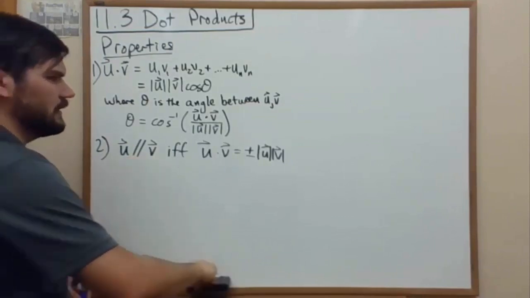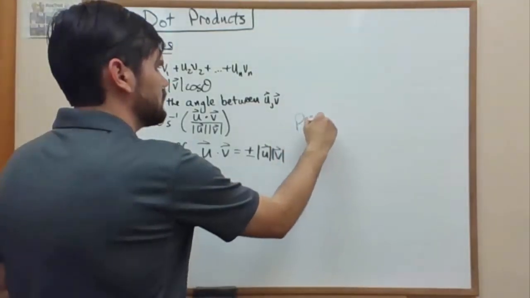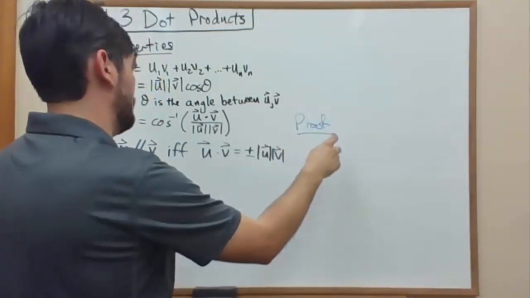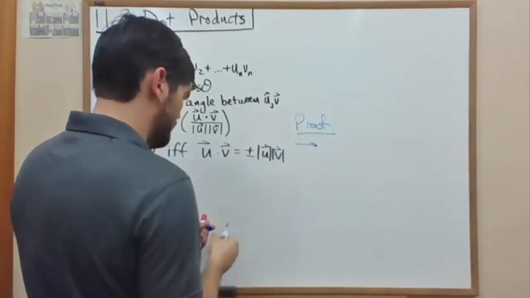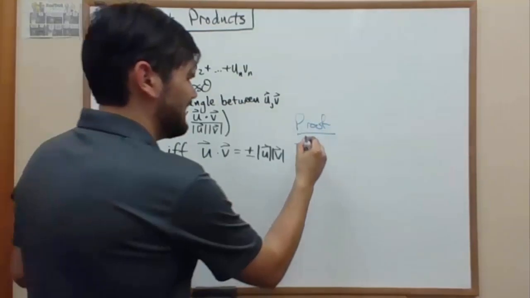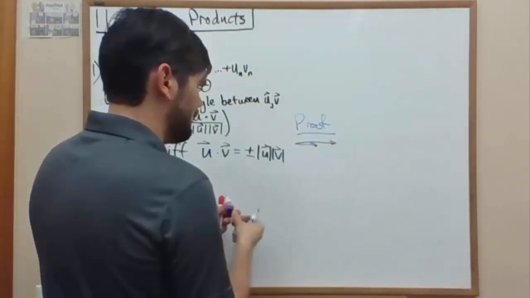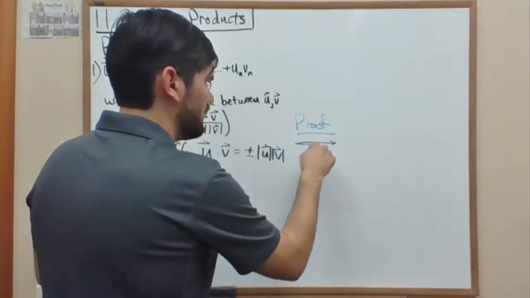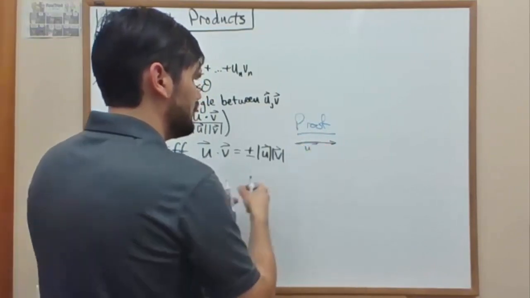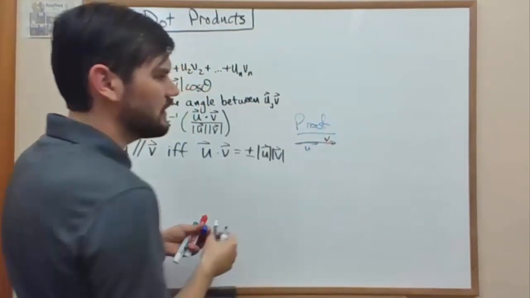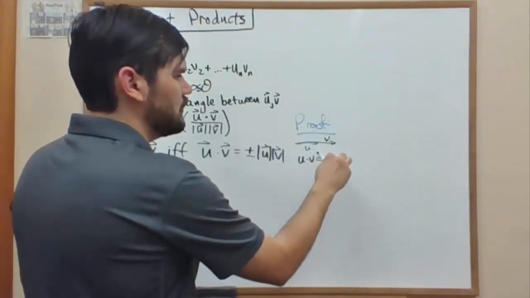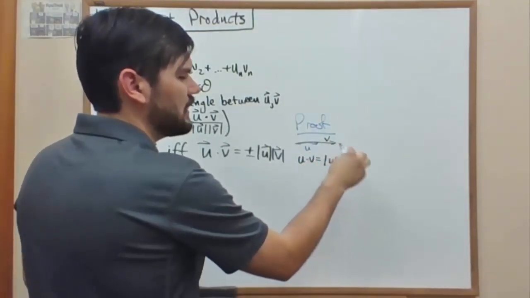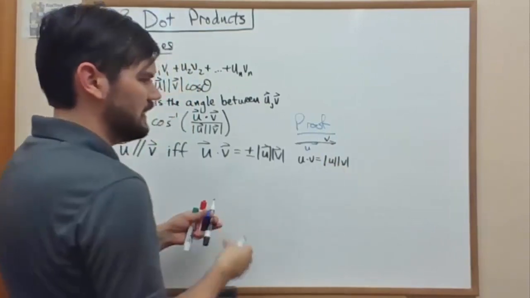I'll do it on the side here. If we have the case where u and v are going the same direction, then u dotted with v is equal to the magnitude of u times the magnitude of v.